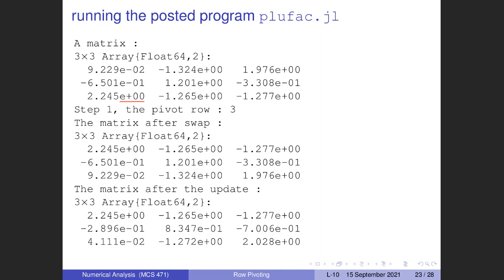The program prints out the pivot row, and then it prints out the matrix before and after the update. You see that the third row has now become the first row, and the rest of the matrix has changed. The first column of the new A has been replaced with the multipliers. And now we're going to look in the second column for the pivot, so there will be another pivoting happening.